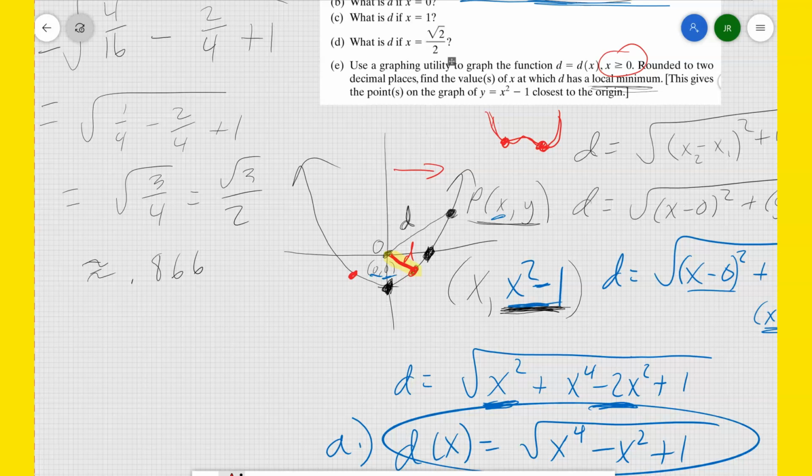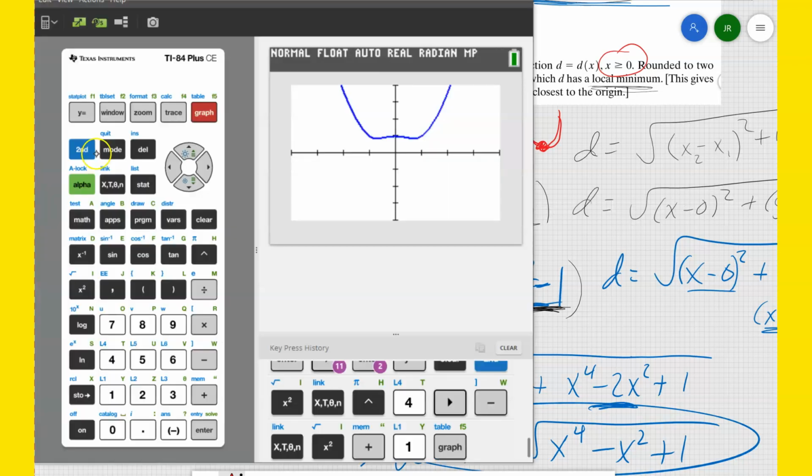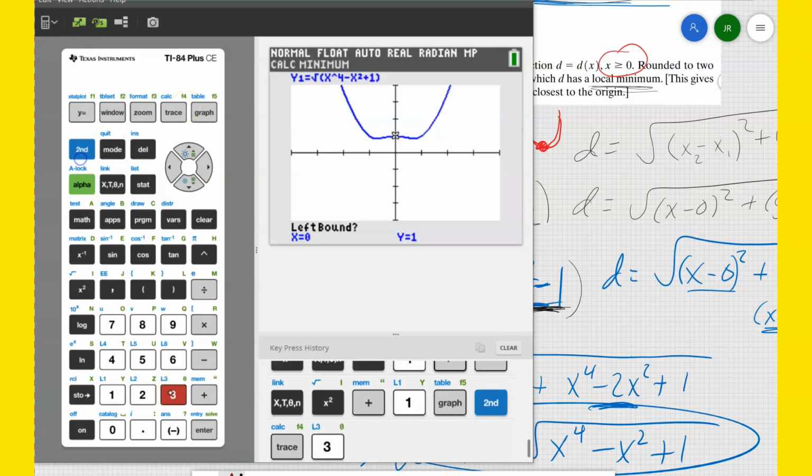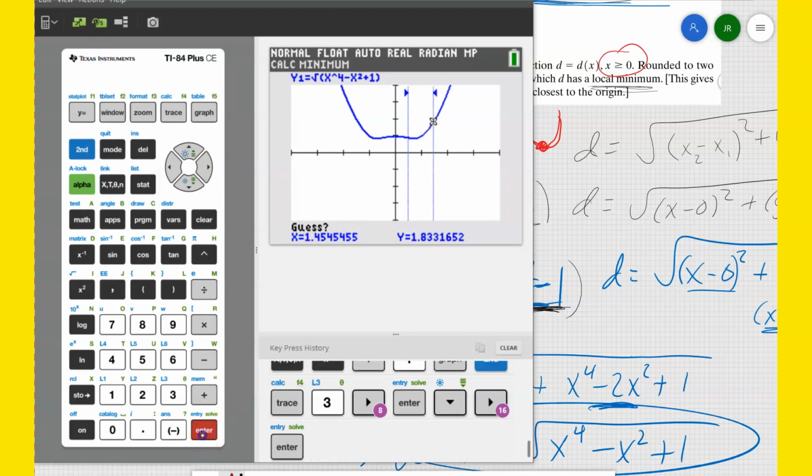So going back to my graph, second calc, minimum is option 3. Okay, left bound, that should be fine for the left bound. Right bound, that should be fine for the right bound.